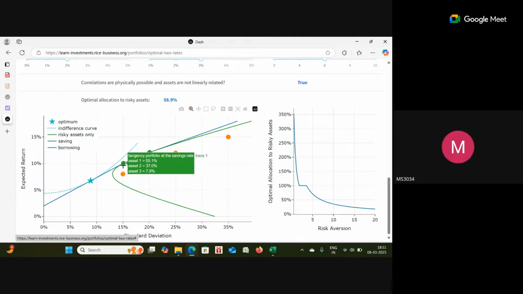There are two different optimal portfolios, and accordingly there will be a kink in your capital allocation line. In that case there is a possibility of two tangency points, with two different indifference curves touching at different points. That is possible. But if we have only a single rate, there will be only one tangency point. And why? Because these indifference curves are parallel to each other.